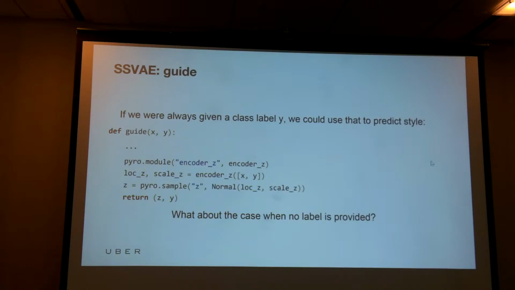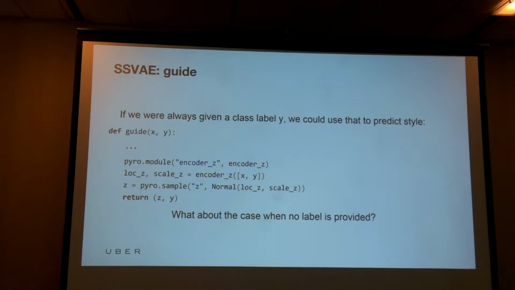At that point, given enough data, the encoder should learn to separate class from style on its own. Z shouldn't need to do any additional work explaining class, because y is already doing it.